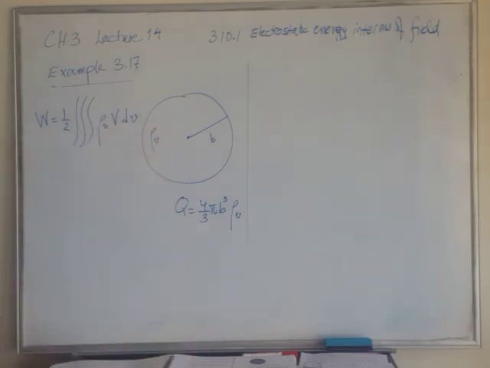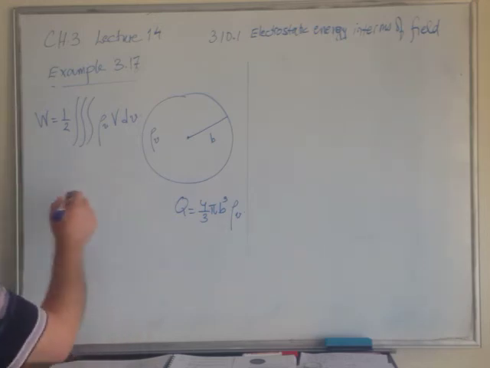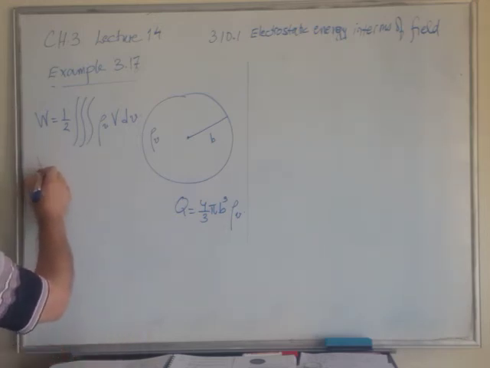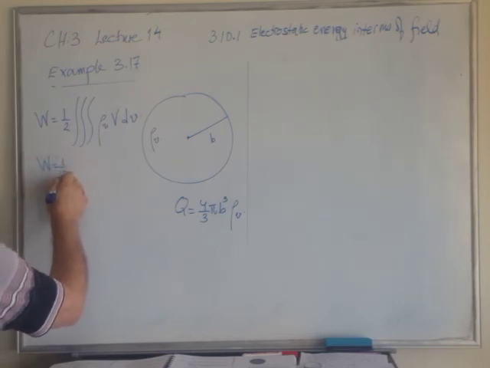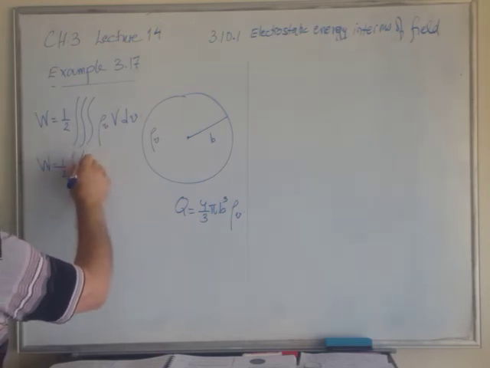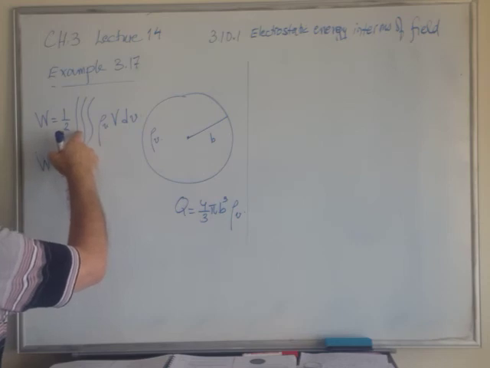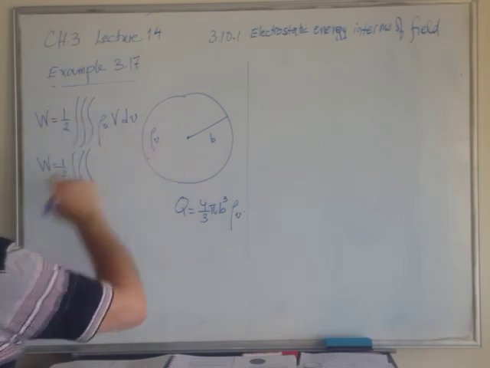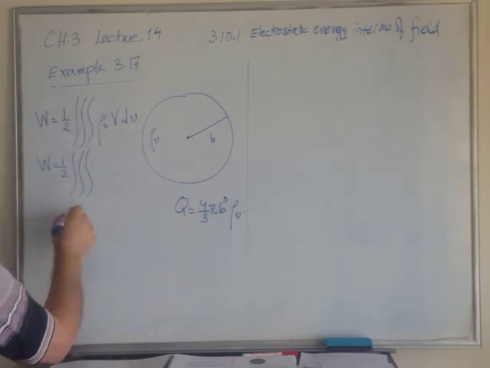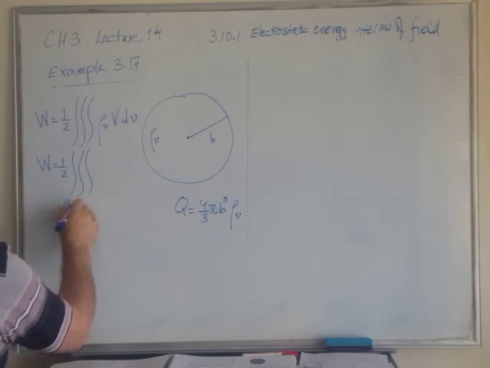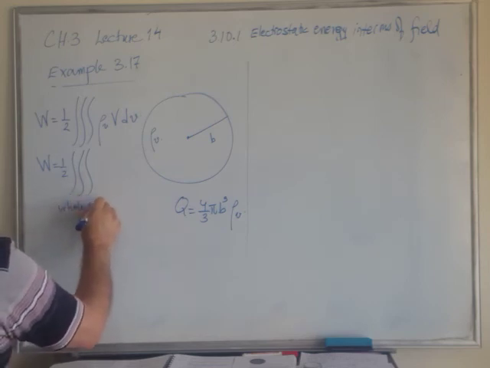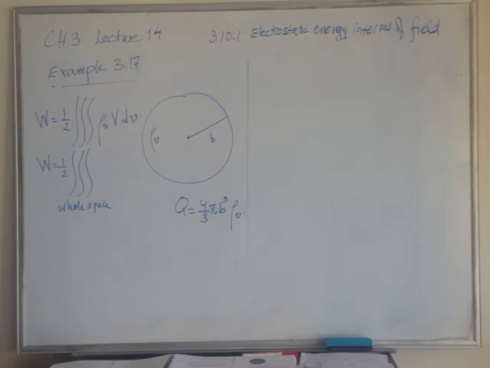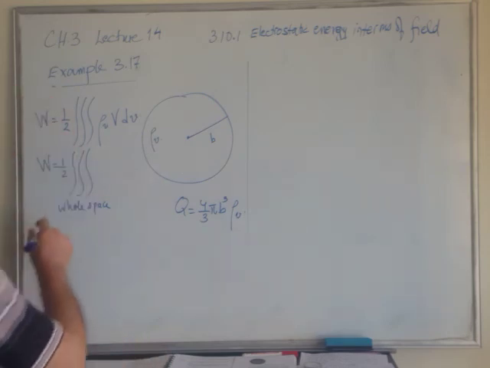You can do it this way, or you can do it using what? The electrostatic energy in terms of field. That's a triple integral only over places where the charge exists, while this second triple integral is over the whole space where the electric field exists, unless there is a region of space with no field in it.